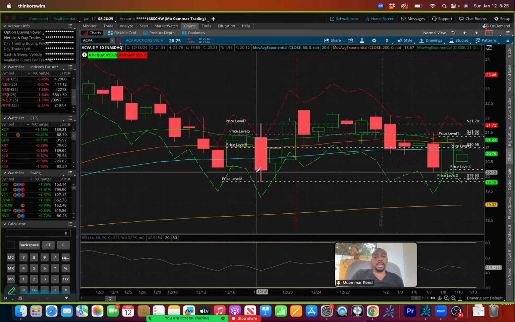Even if you bought it here, well, no, it ended here. So you would have had to catch it at one of these extreme edges to make any money, but it started here. So you would have had to catch this at an extreme edge, even though it broke this top, it came all the way down, right? So this is like a huge volatility day. And a lot of people get washed out in a trade like this on an outside bar.